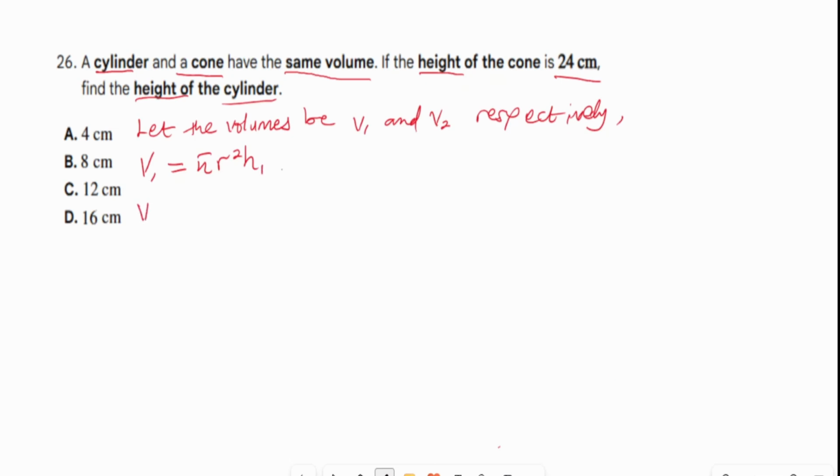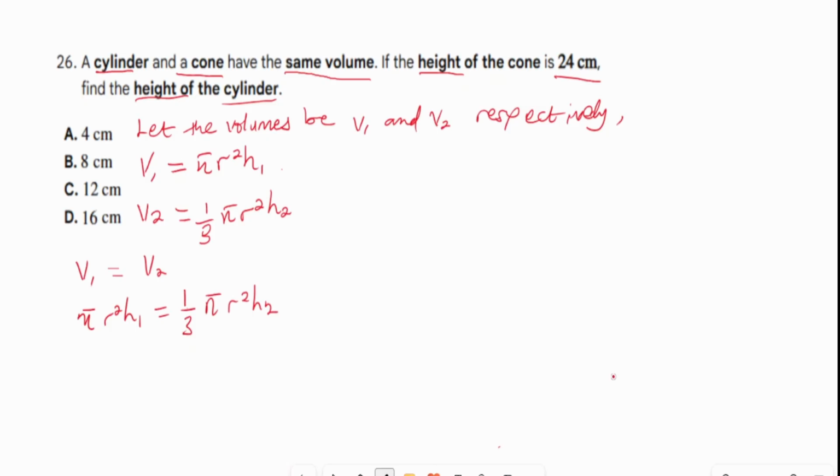And then the volume of the cone will be 1/3 pi r squared h2. The question said the two volumes are the same, so that means that V1 equals V2. We now replace them with the formula. So pi r squared h1 will be equal to 1/3 pi r squared h2.